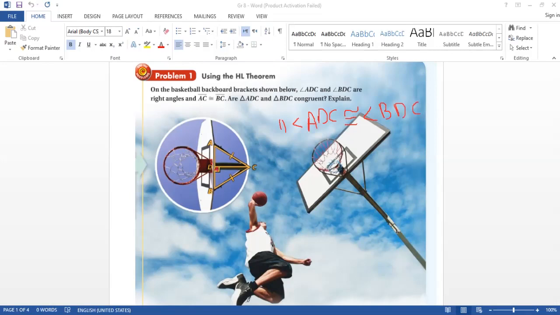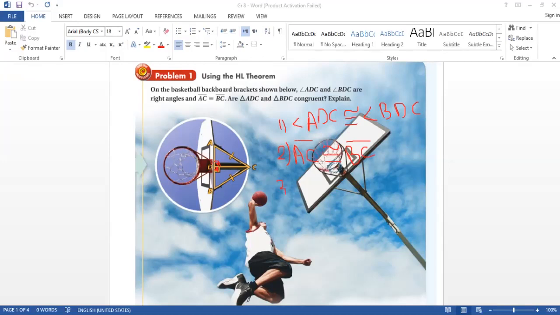This angle is 90, so this angle also is 90. Condition number two, we have AC is congruent to BC. AC is congruent to BC, it's a given.